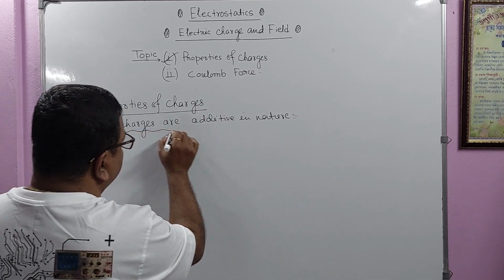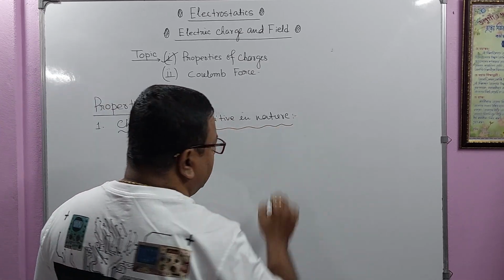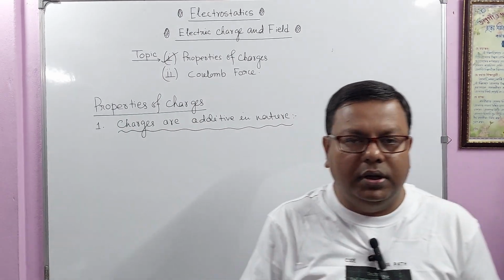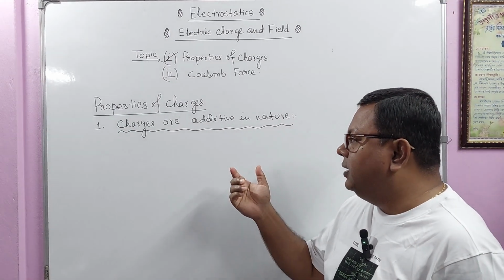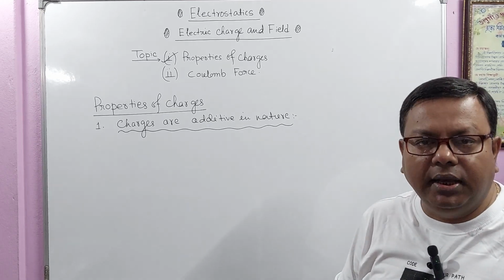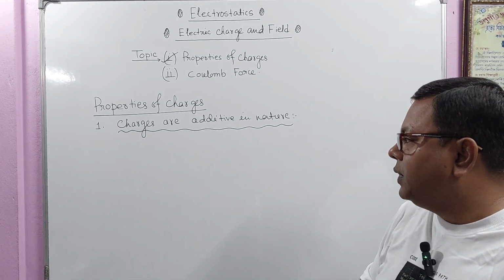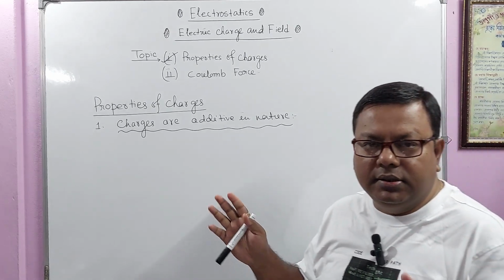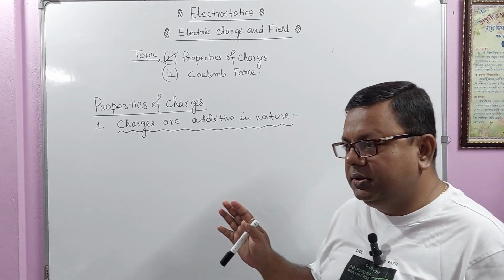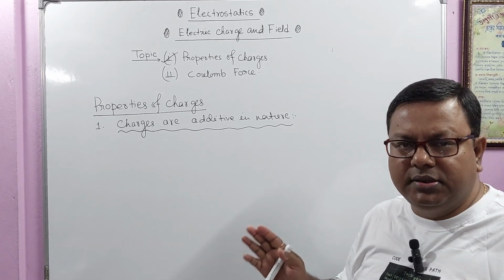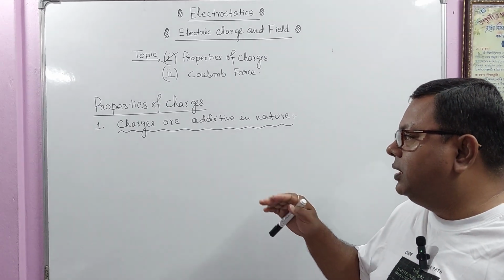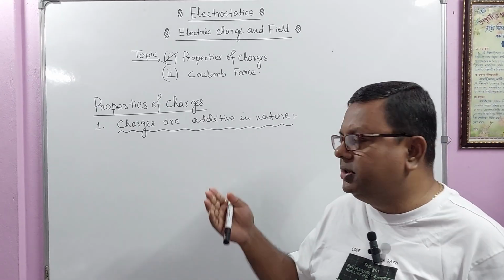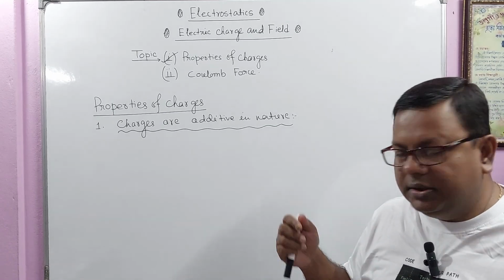So what does it mean? The charges are additive in nature. Basically, the charges are scalar quantities. So when we consider a system of charges, then we can simply get the total charge by algebraic addition of all the individual charges.